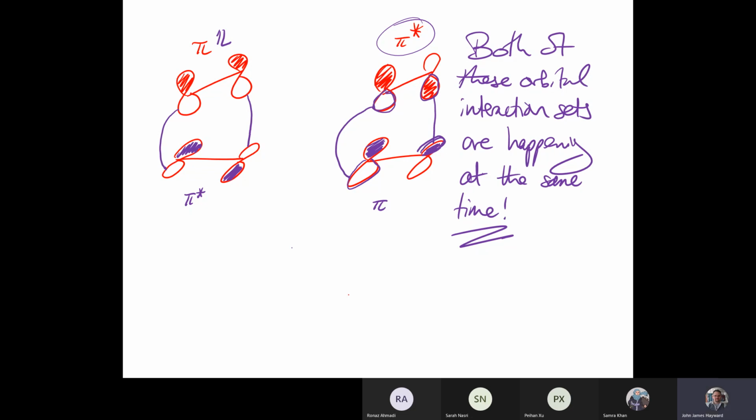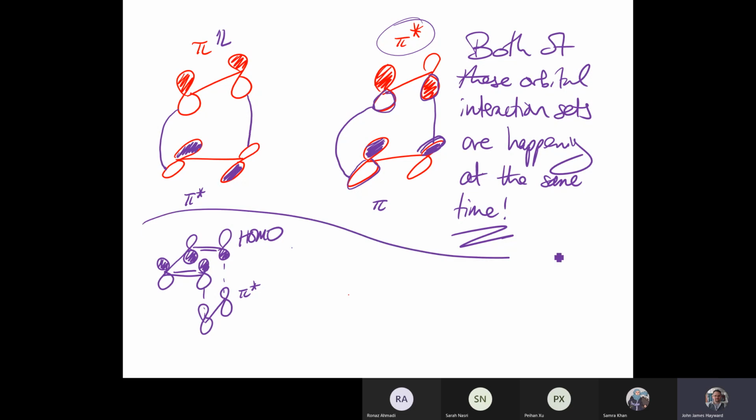This actually also happens with the Diels-Alder. Okay, so on the diene component, the HOMO is this one. Okay, and that interacts with the pi star. There we go. That interacts with the pi star of the dienophile like that.